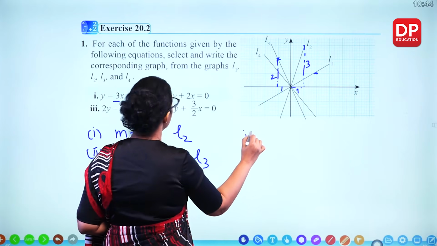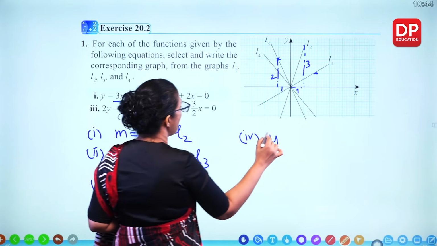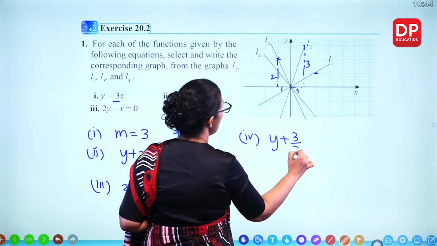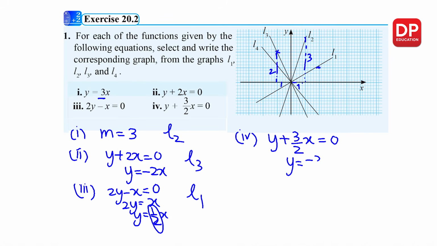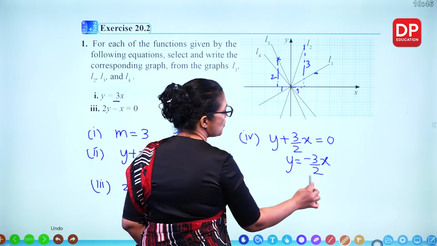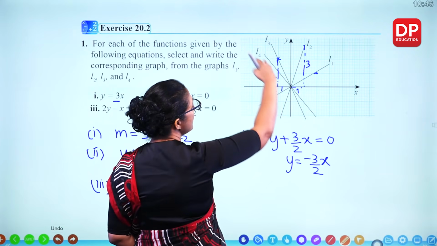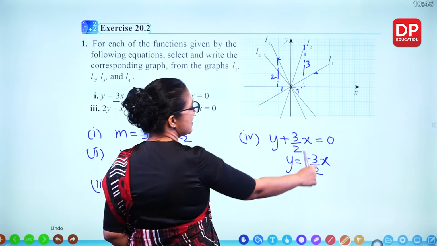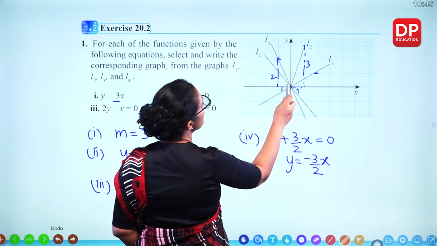Fourth one, y plus 3 over 2x equals 0, which means take it to the other side, y equals minus 3 over 2x. So this one is negative, that means towards this side, and roughly this is 2 squares with 3 squares.